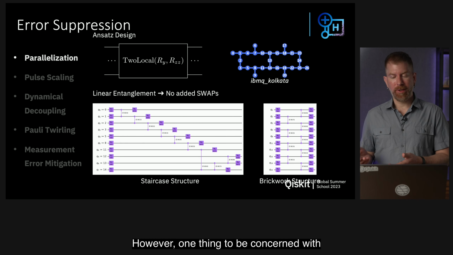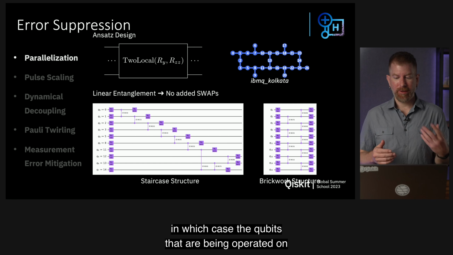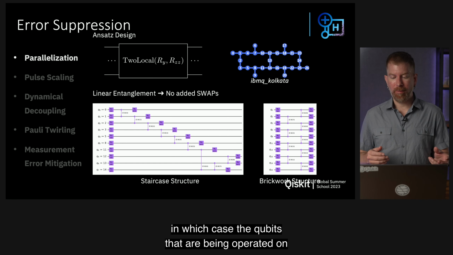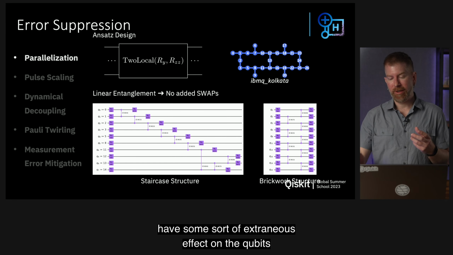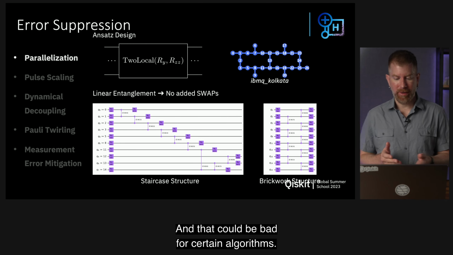However, one thing to be concerned with is the brickwork structure could feature crosstalk, in which case the qubits that are being operated on have some sort of extraneous effect on the qubits that are adjacent to it, for example, and that could be bad for certain algorithms.